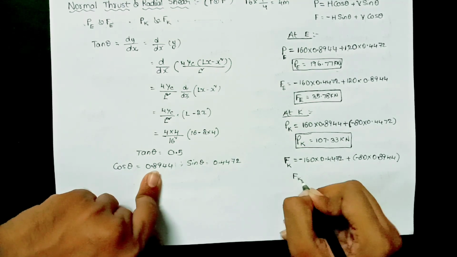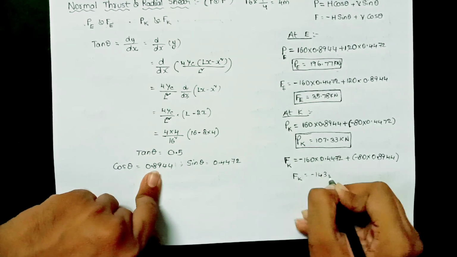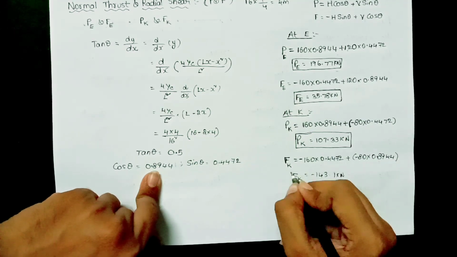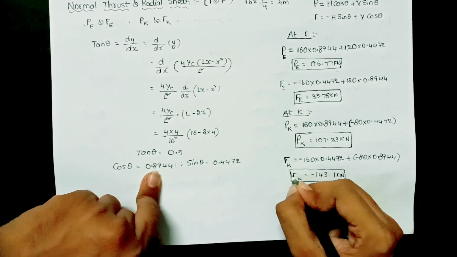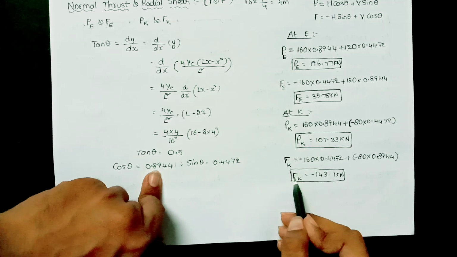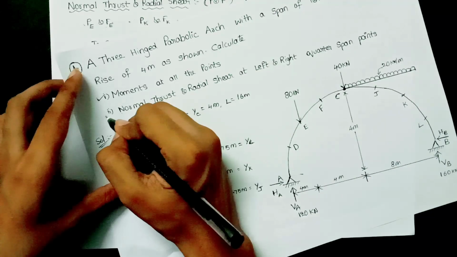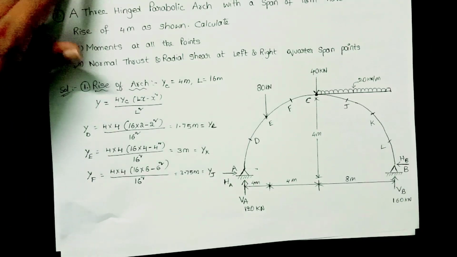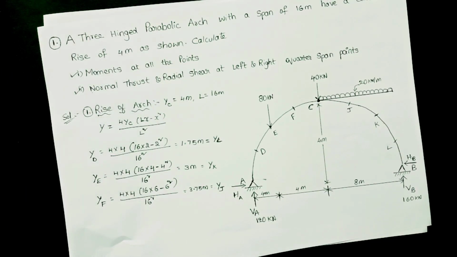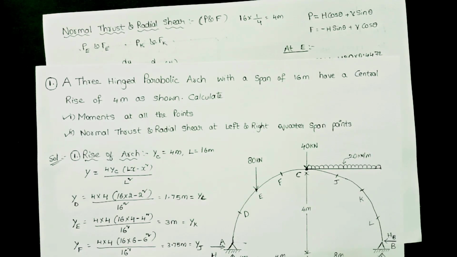So the value is minus 143.1 kilonewton. This is the radial shear at K. With this we have calculated the normal thrust and radial shear, completing the second part of the question. So this is all about the analysis of a three hinged arch having supports at the same level, and parabolic in shape. Thank you.